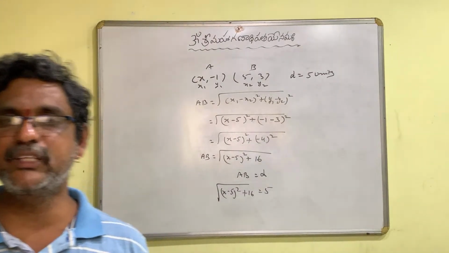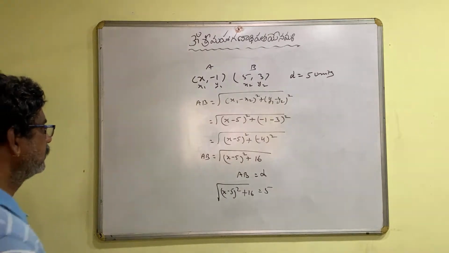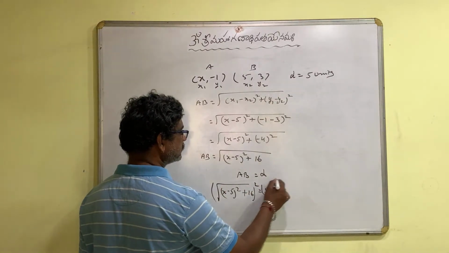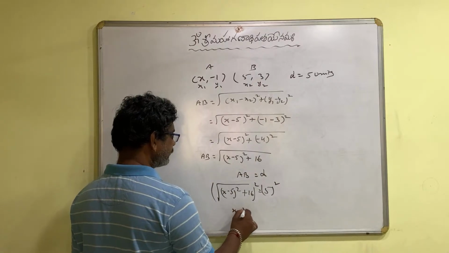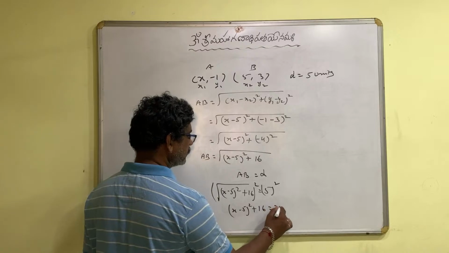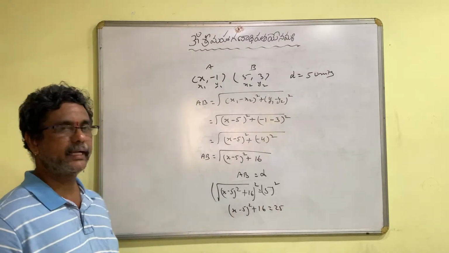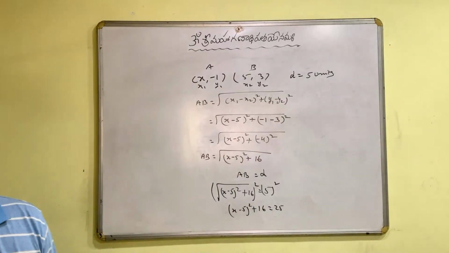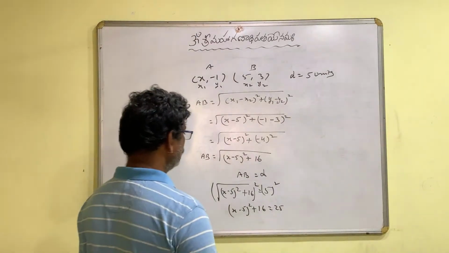I think you can do this one. Squaring on both sides, we are left with (x minus 5) whole square plus 16 is equal to 25.